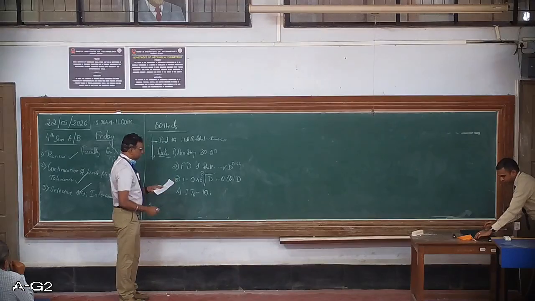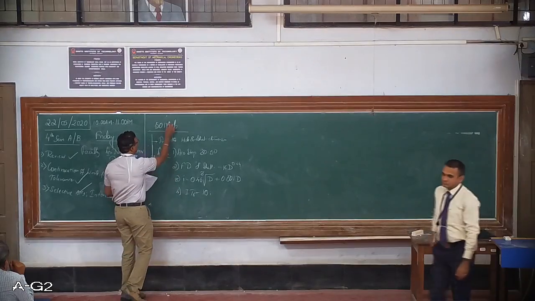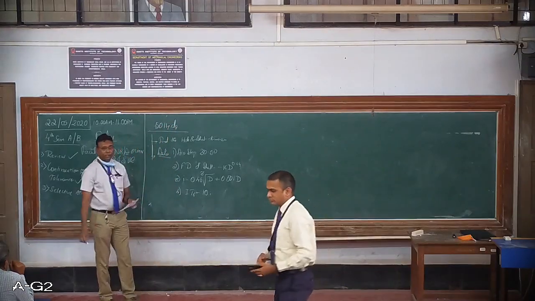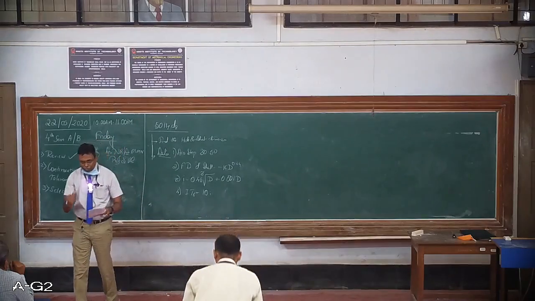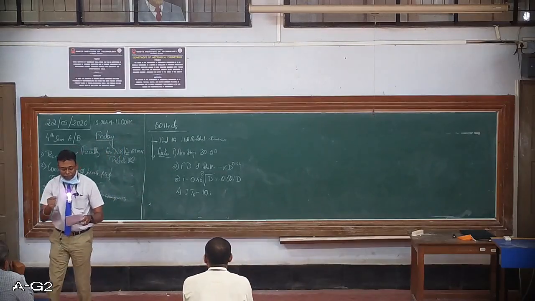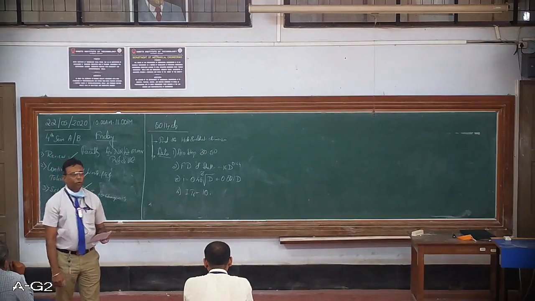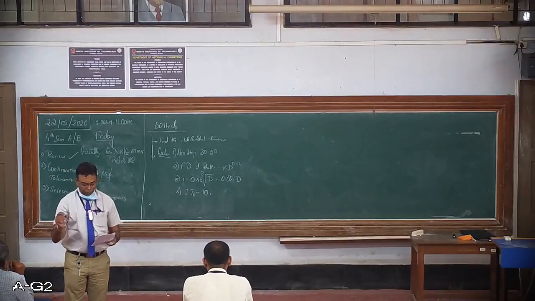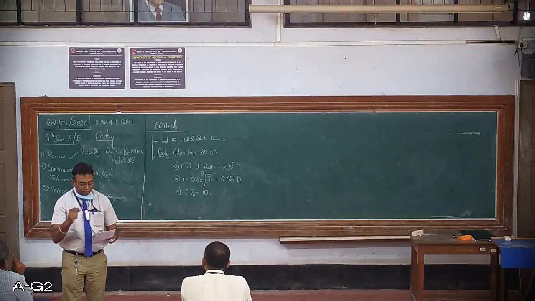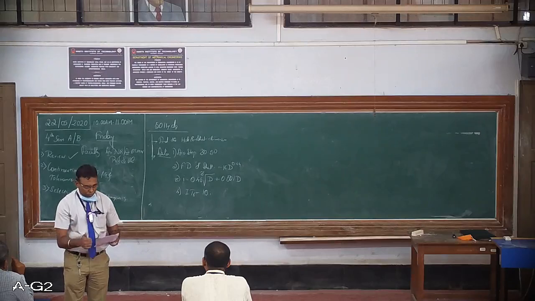Above IT6 grade, we have one more, IT7, right? IT7 has not been given, but it is mentioned that above IT6 grade, the tolerance is multiplied by 10 at every fifth step. I repeat, after IT6 grade, the tolerance is multiplied by 10 at each fifth step.